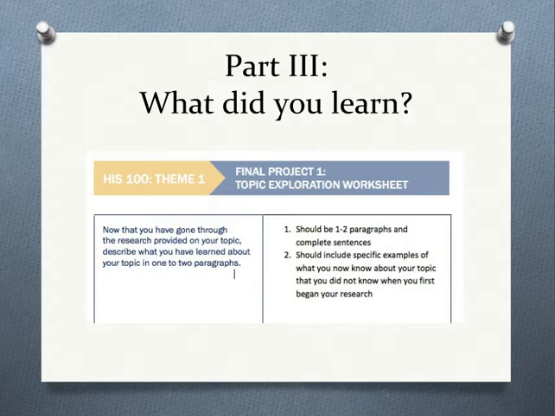So let's look at part 3. Now that you've gone through the research provided on your topic, good, thank you, yes, do this. Describe what you've learned about your topic in 1 to 2 paragraphs. They should be in complete sentences and include specific examples of what you now know about your topic that you did not know when you first began your research.